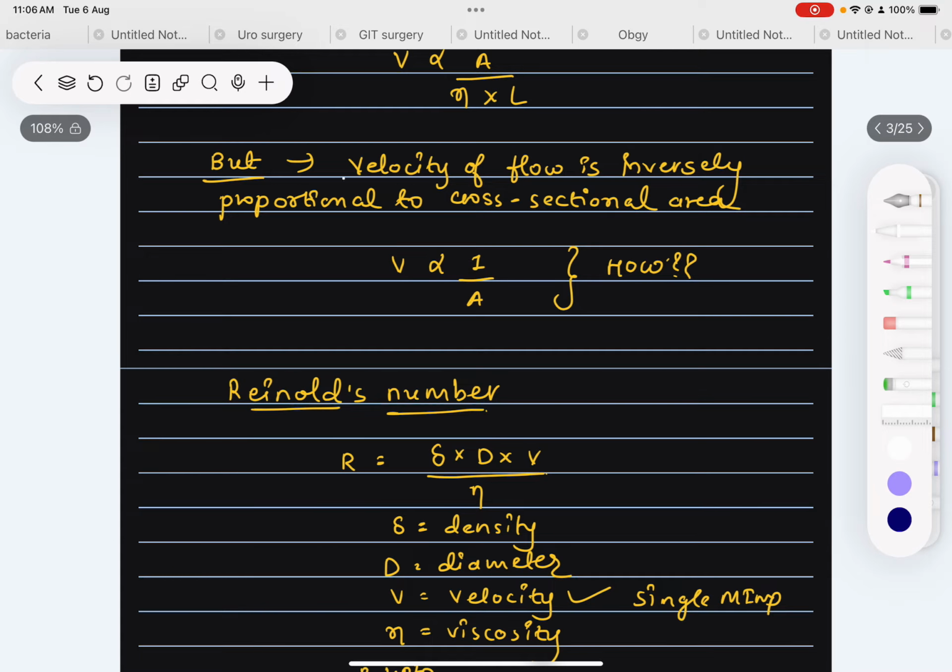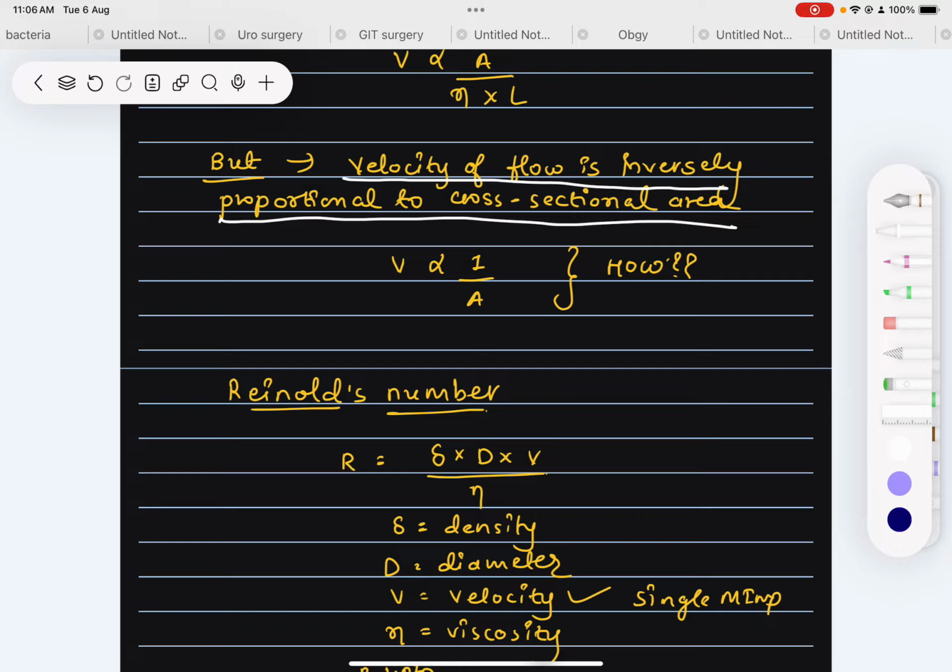Now, velocity of flow is inversely proportional to the cross sectional area. That's why the aorta has a very small cross sectional area compared to all the capillary networks.